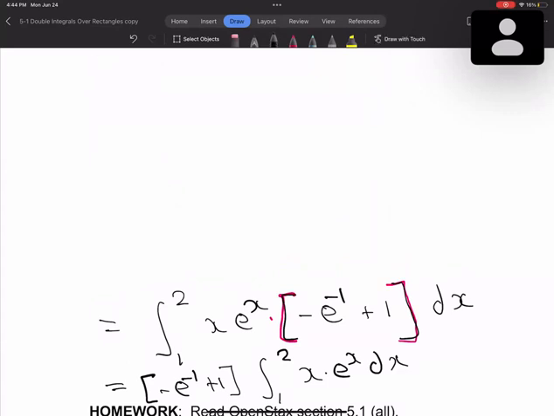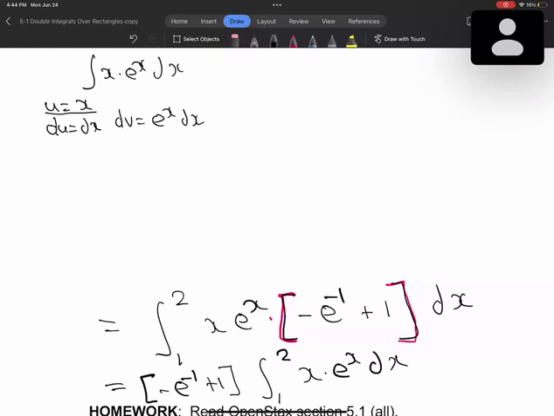So we need to find the integral of x times e to the x dx. So I do u equals x, dv equals e to the x dx. If u equals x, what is du? Dx. And what is v?